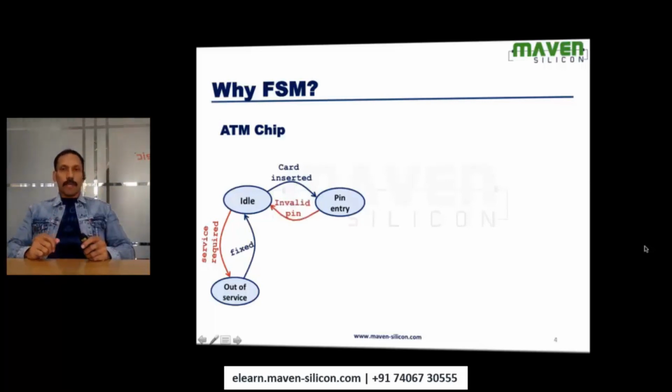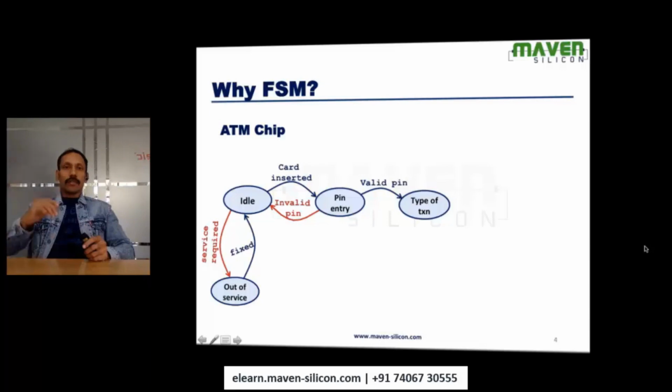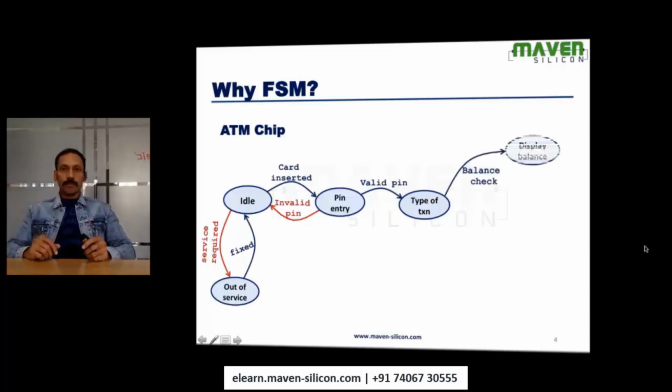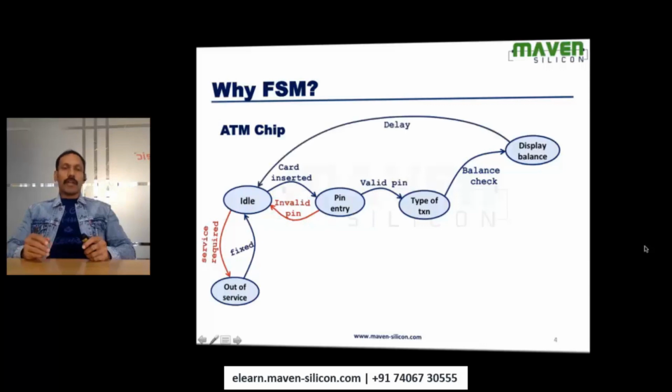You pressed the wrong pin, so automatically it goes back to idle state. If you press a valid pin, it gets into the next state. Then based on the type of transaction, it will get into a different state. You want to check the balance. You don't want to withdraw money. So it gets into a state called display balance. After displaying the balance, automatically it goes back to idle state.